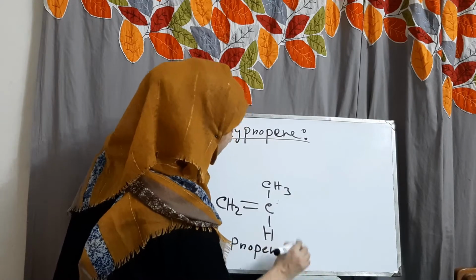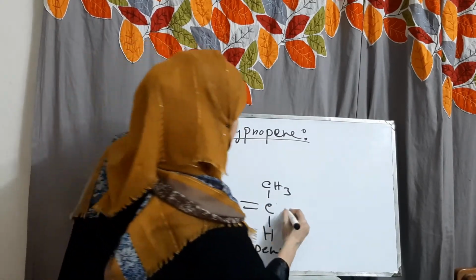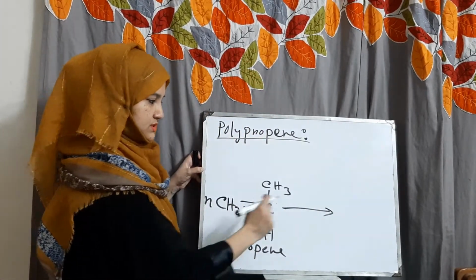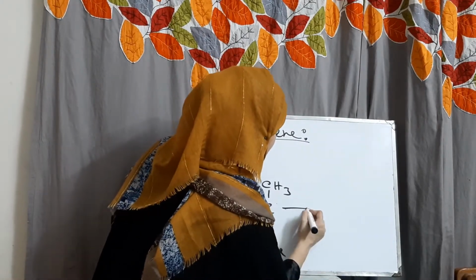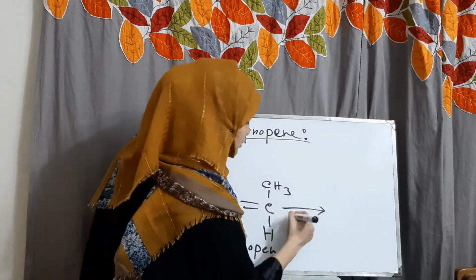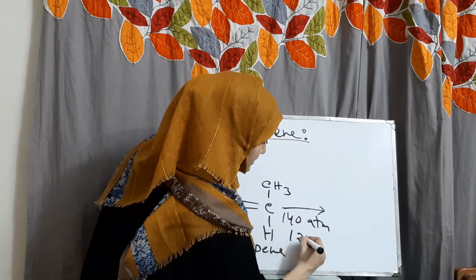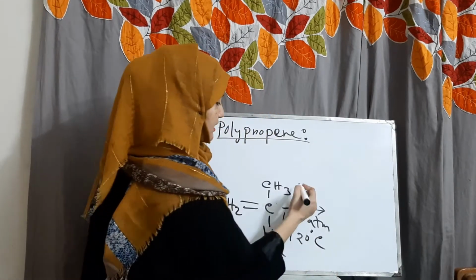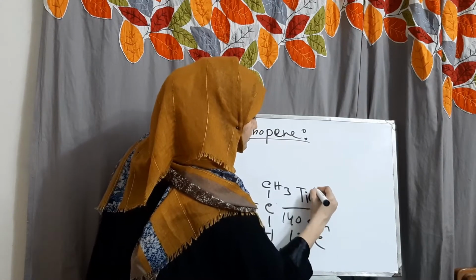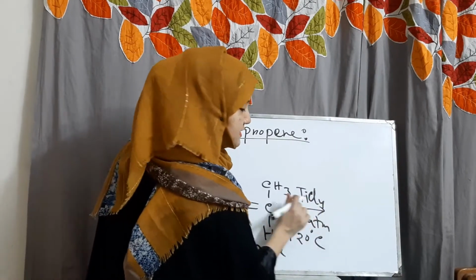This is our propene, and we need n monomer units, n monomer molecules, and then we get polypropylene, which is produced at 140 atm pressure, 120 degrees centigrade temperature, and in the presence of titanium chloride, titanium tetrachloride. Okay. This is the catalyst.